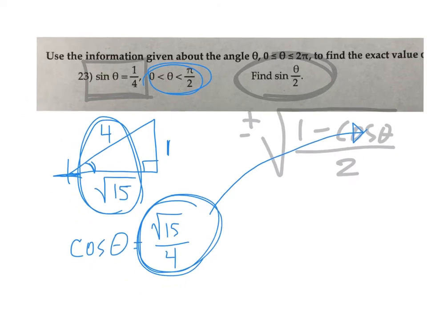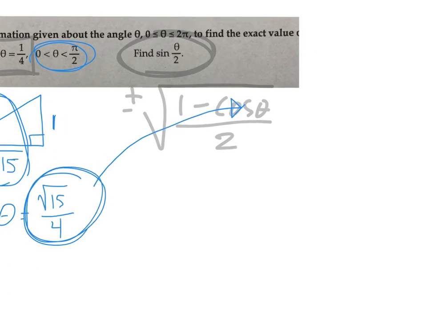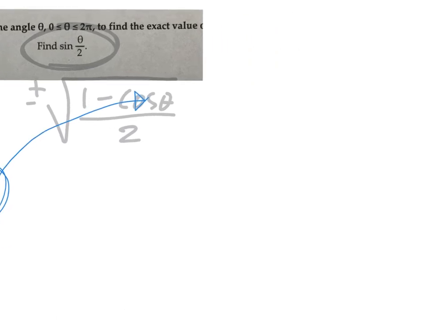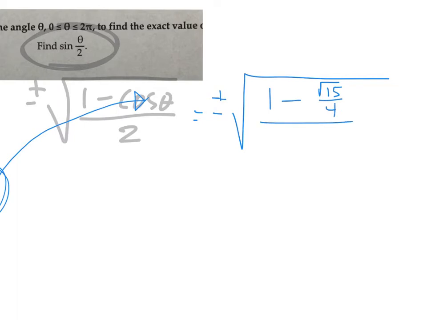Okay, and then we'll do all the fantastic algebra that we can do in order to simplify this. So once again, plus and minus the square root of 1 minus root 15 over 4, all divided by 2. Okay, so in the numerator of my radical, I have a number minus a fraction. So I'm going to change those into two fractions.